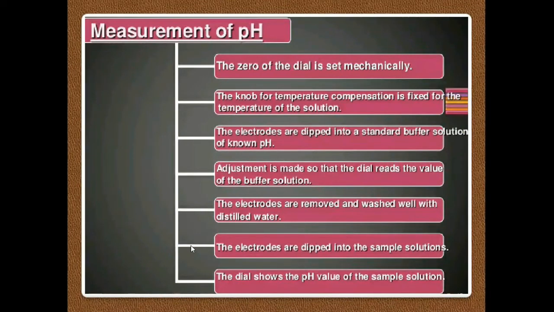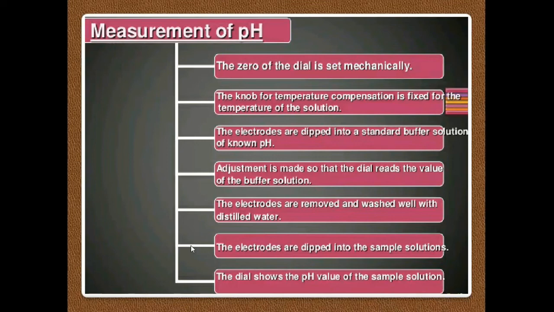Now, how to measure pH using a pH meter. The zero of the dial is set mechanically. First you set 0 on the monitor. The knob for temperature compensation is fixed for the temperature of the solution.